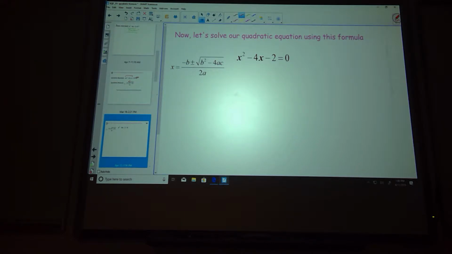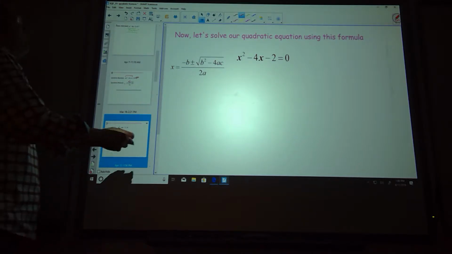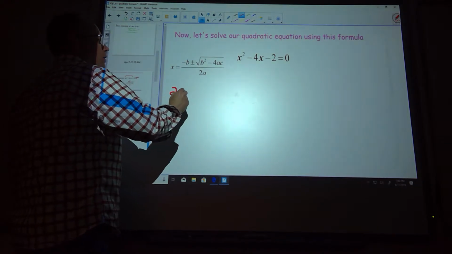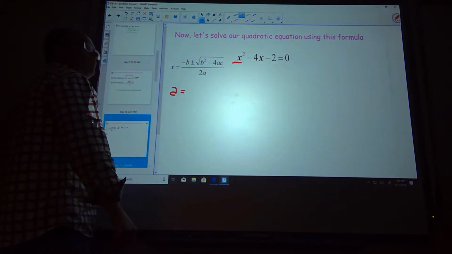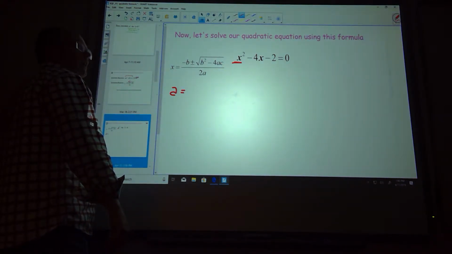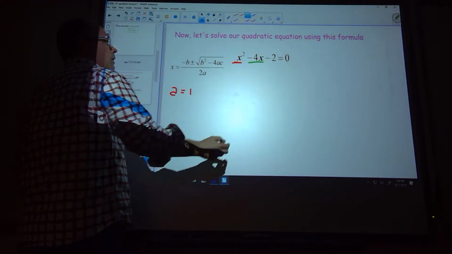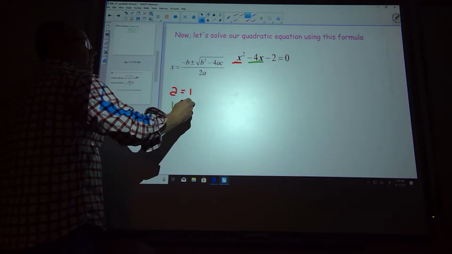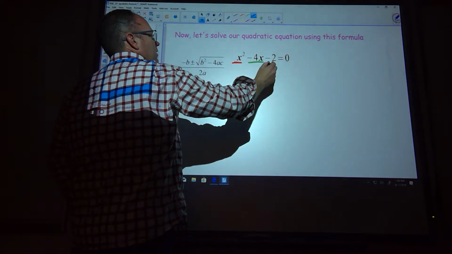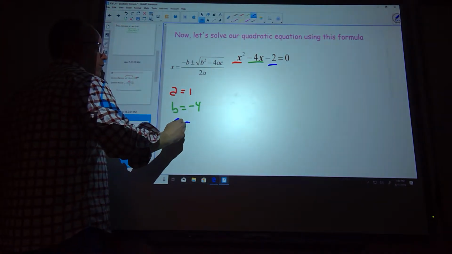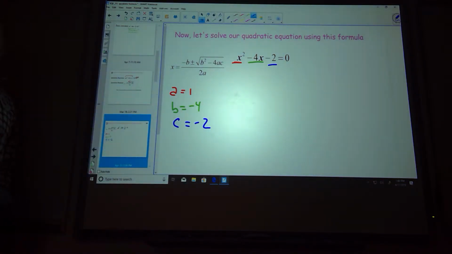It's equal to 0, so we're good. What is my a value? What's in front of that x squared? 1. What's my b value? -4. And what's my c value? -2. Do you feel comfortable with the a's, b's, and c's, how we just figured it out?